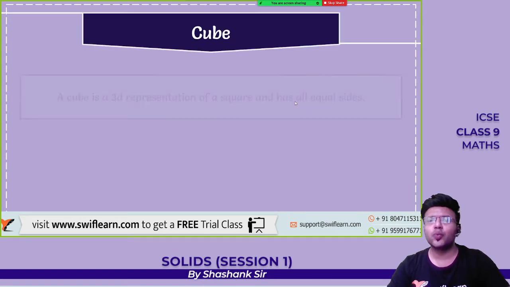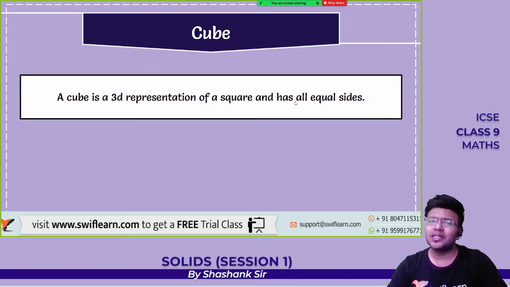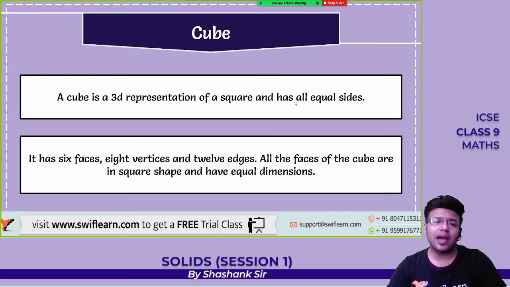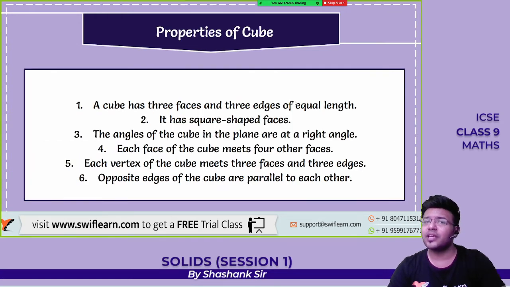Now define a cube. What is a cube? A cube is a 3D representation of a square and has all equal sides. It has 6 faces, 8 vertices, and 12 edges, same as the cuboid. All the faces of the cube are square in shape and have equal dimensions.